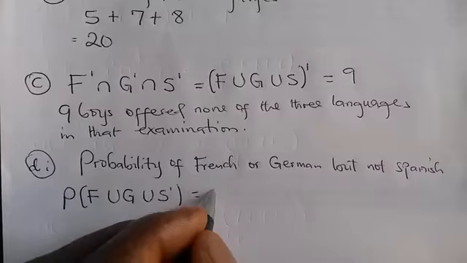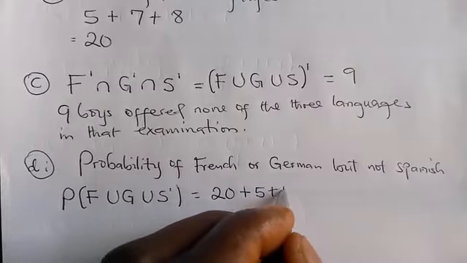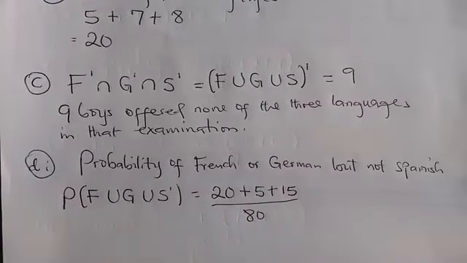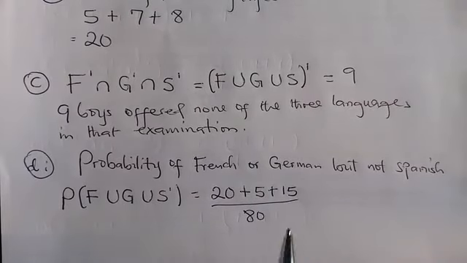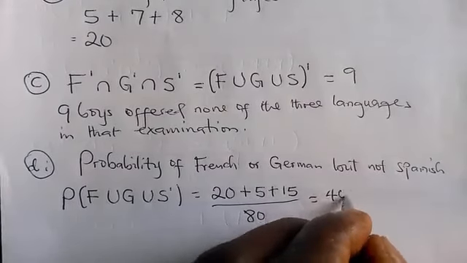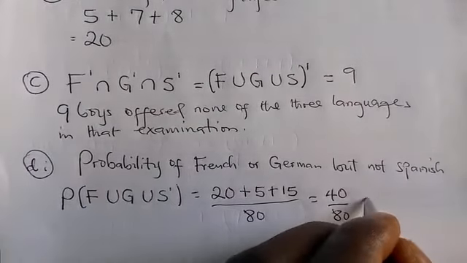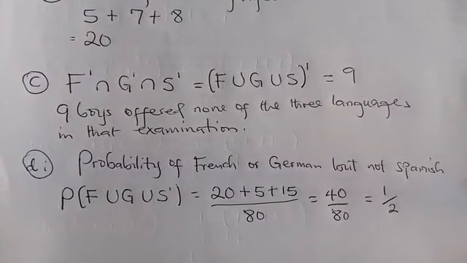And this is equal to 20 plus 5 plus 15 divided by 80. 20 plus 5 is 25. 25 plus 15 we have 40. So here is 40 over 80. Reducing this fraction to its simplest form, we have 1 over 2. So the probability of French or German but not Spanish is 1 over 2.